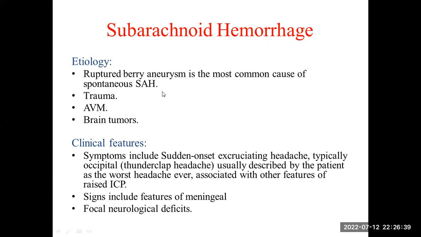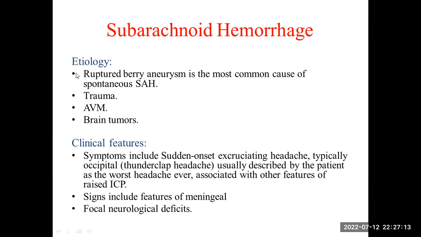If there is a sudden surge and sudden rise in the blood pressure due to sympathetic overflow, this can trigger the rupture of the pre-existing aneurysm. And for that reason, patients with subarachnoid hemorrhage, in a lot of cases, present with severe headache after a situation which suddenly increased the blood pressure. There is increased sympathetic stimulation, which has led to a sudden rise in the blood pressure, and this has led to rupture of the berry aneurysm.